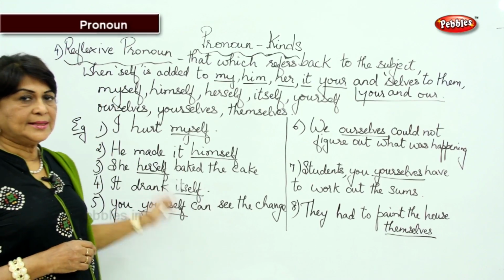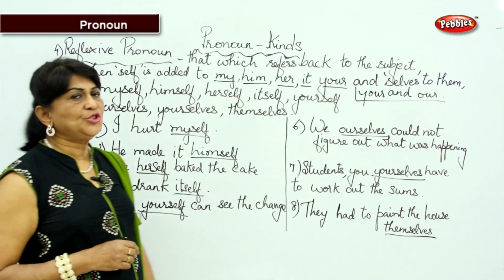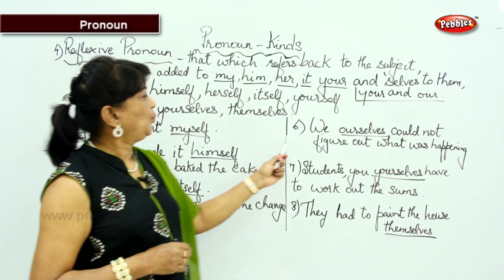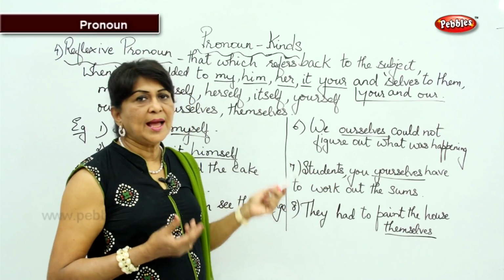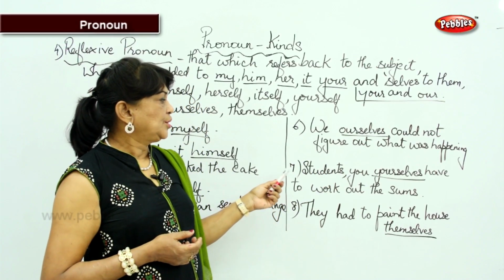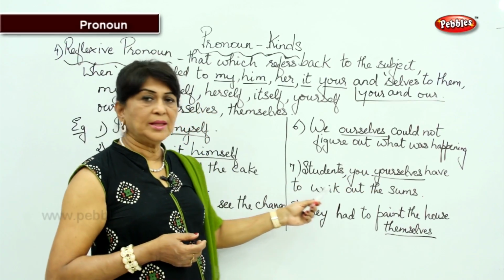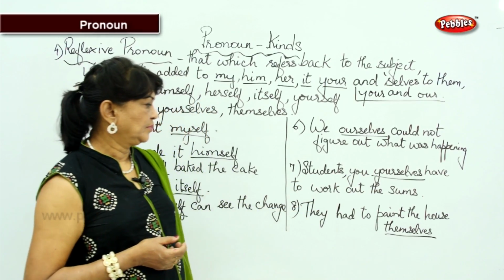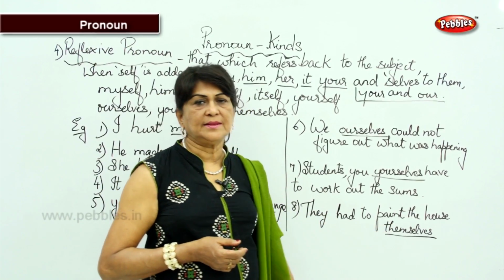It drank itself. You yourself can see the change. We ourselves could not figure out what was happening. Students, you yourselves have to work out the sums. They had to paint the house themselves.